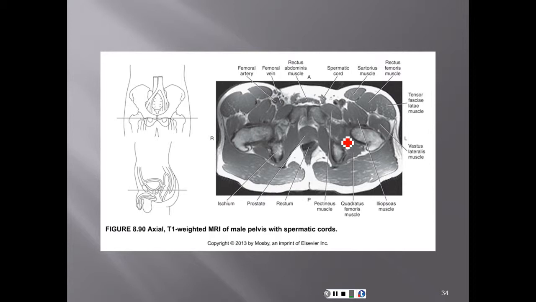So this is on page 540, femoral artery. Important: femoral artery, femoral vein. If you can remember NAVEL.